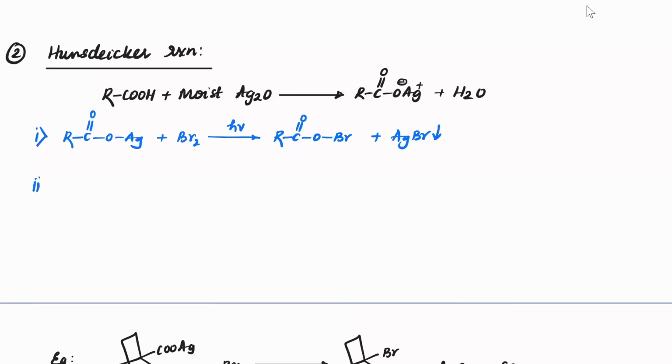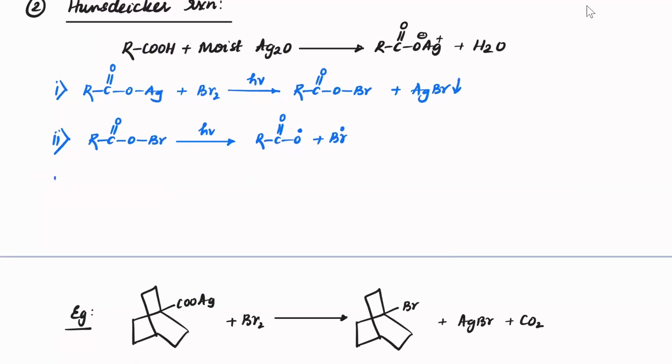Now notice the second step here. This compound, in the presence of light or heat, will convert into radicals, that is RCOO dot plus Br dot. The third step is about RCOO dot.